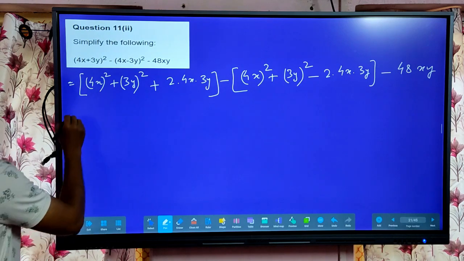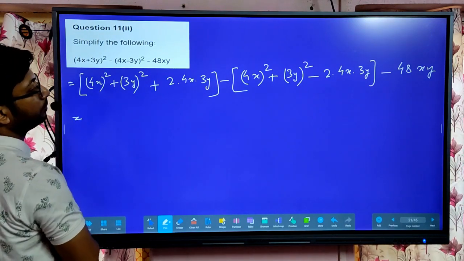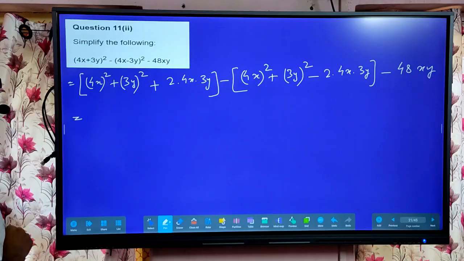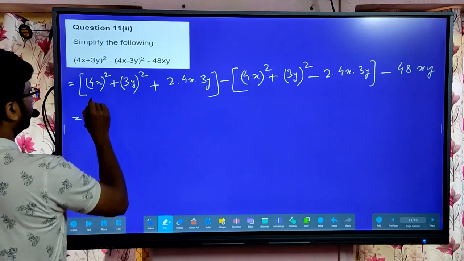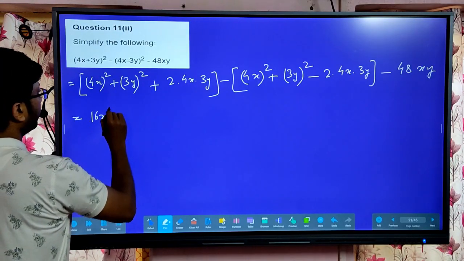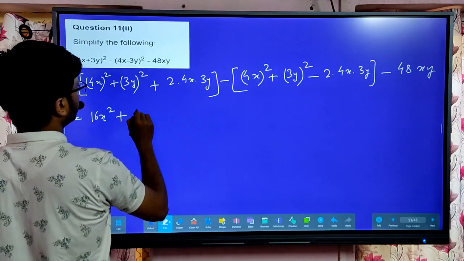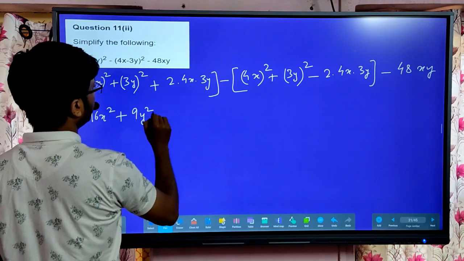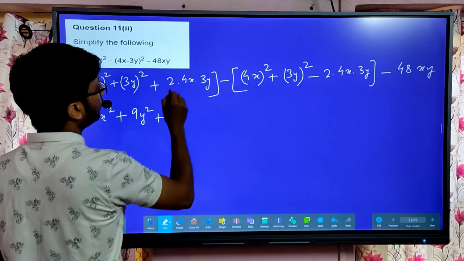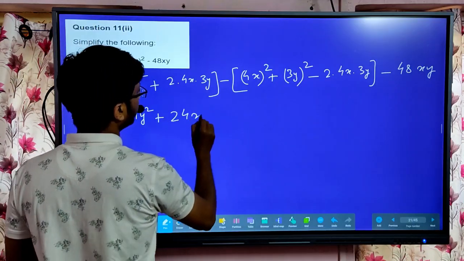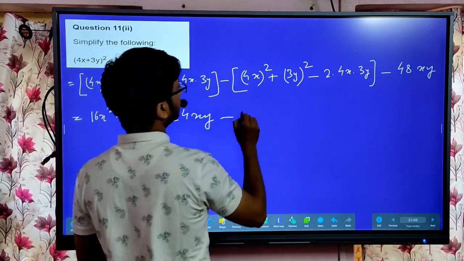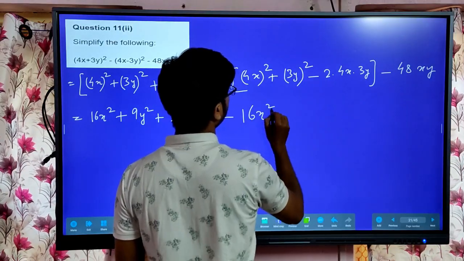So if you expand this, this will be 16x square plus 3 square is 9y square plus 4 into 3 is 12, 2 into 12 is 24xy. This is minus 16x square.